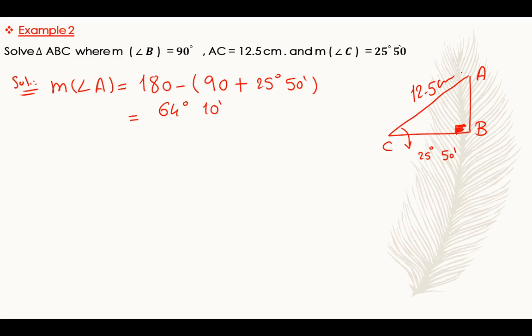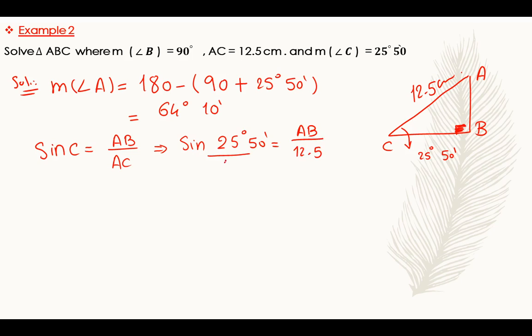Okay? To find the length of the side AB, we have sine C equals opposite over hypotenuse, which is equal to AB over AC. So sine C, which is sine 25 degrees and 50 minutes, equals the opposite, which is unknown, AB, over AC, which is 12.5.